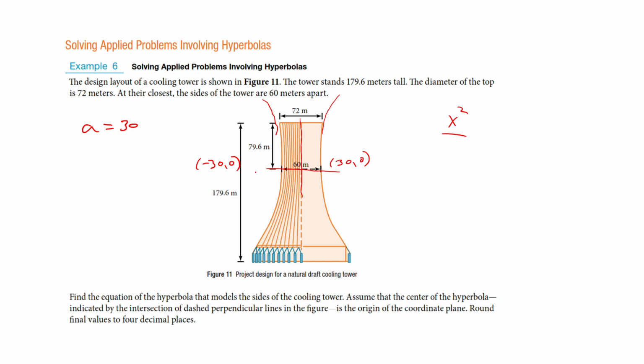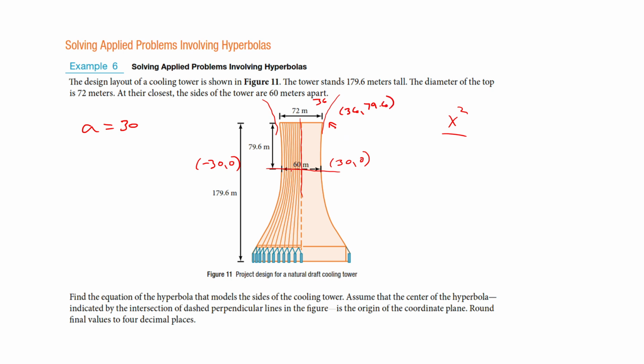So what we're going to do is use any other point on the hyperbola to help us solve. And what they're telling us is we know this point here. If this is 72 across the top, then half of that is 36. So this point right here is (36, 79.6). Can you follow this?